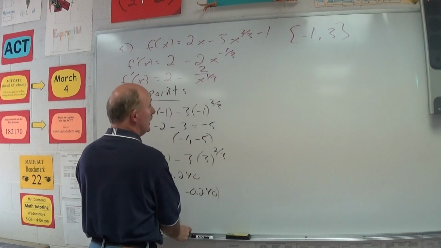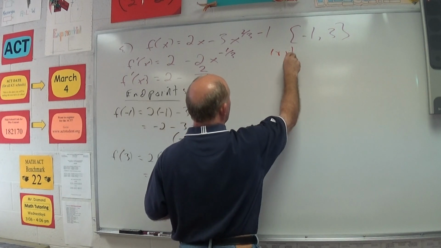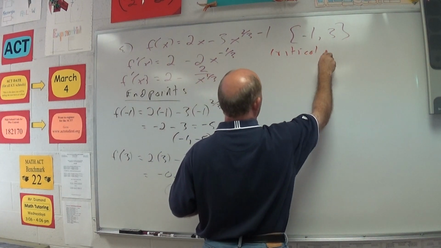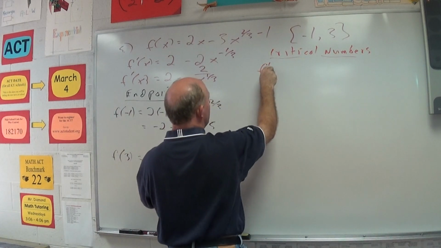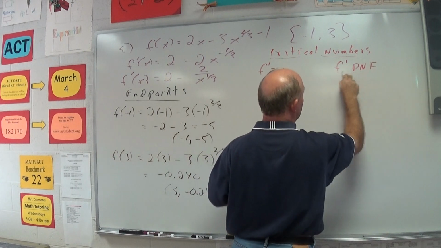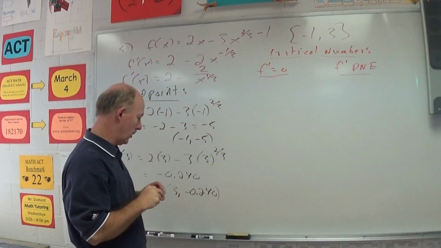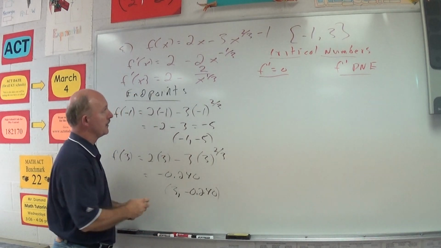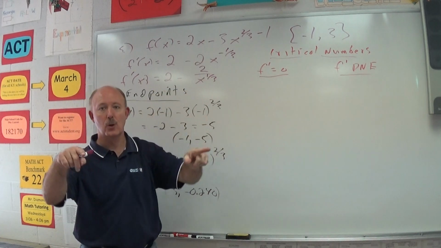Now to get our critical numbers, we're talking about where the derivative is equal to 0 and where the derivative does not exist. You always have to check both of these. Looking at the derivative here, we have 2 minus 2 over x to the 1/3 power.